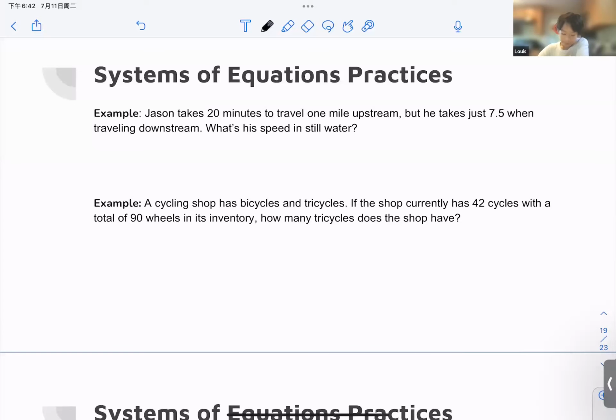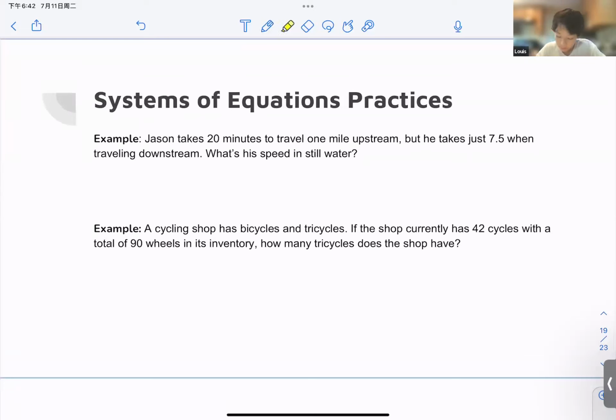So for the first problem, we have Jason takes 20 minutes to travel 1 mile upstream and 7.5 miles when traveling downstream. What is his speed in still water?